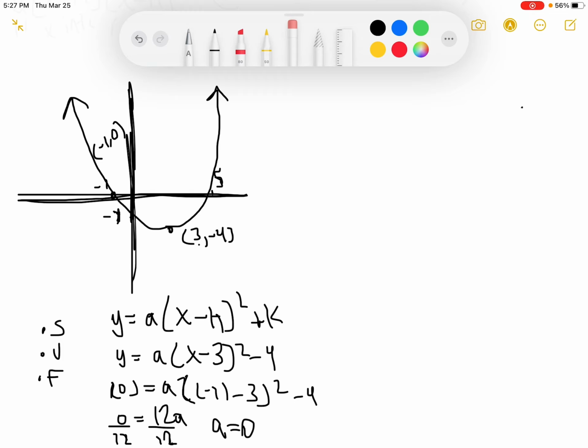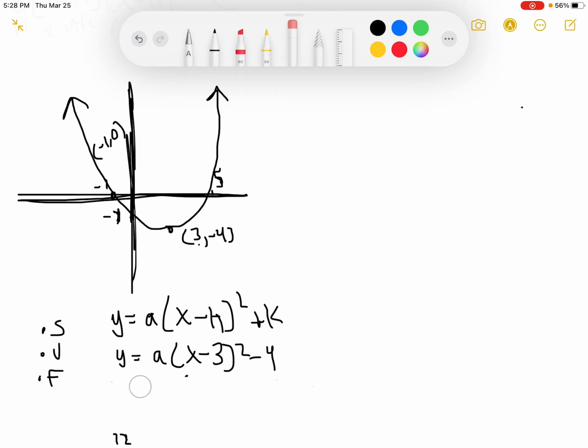Well, we can actually use the vertex, which kind of seems weird, but you can actually do that. So let's plug in 3 for x and -4 for y. So -4 equals a times 3 minus 3, and then we have this. So 3 minus 3 is 0. 0 squared is 0. Minus 4 is -4.